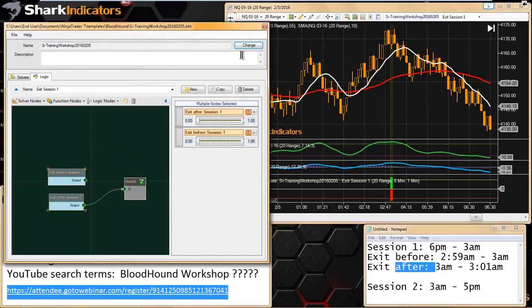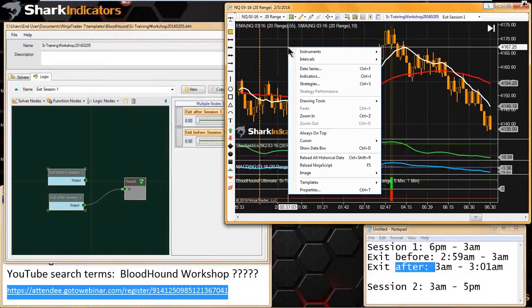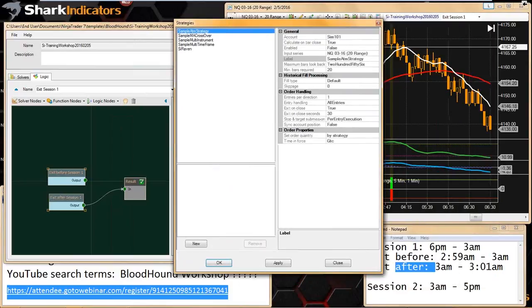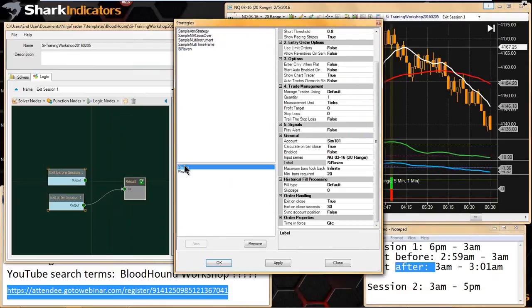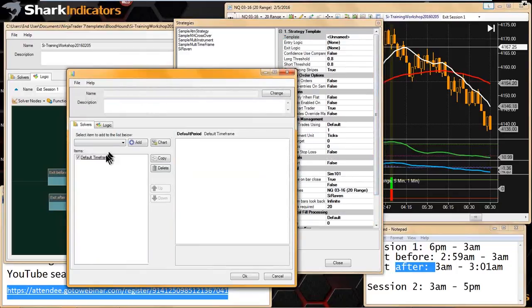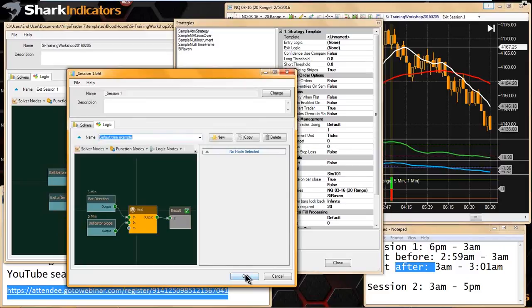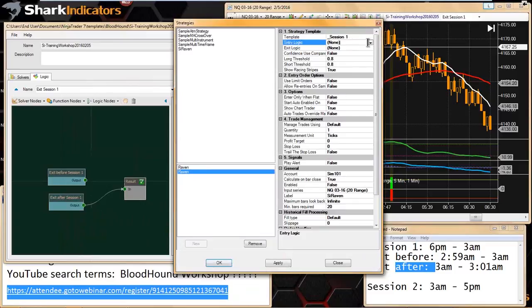Okay, so I've got these 2 sessions here as an example. Now let's put Raven on here. I can put 2 instances of Raven on the chart. Let's get this loaded up. There we go.